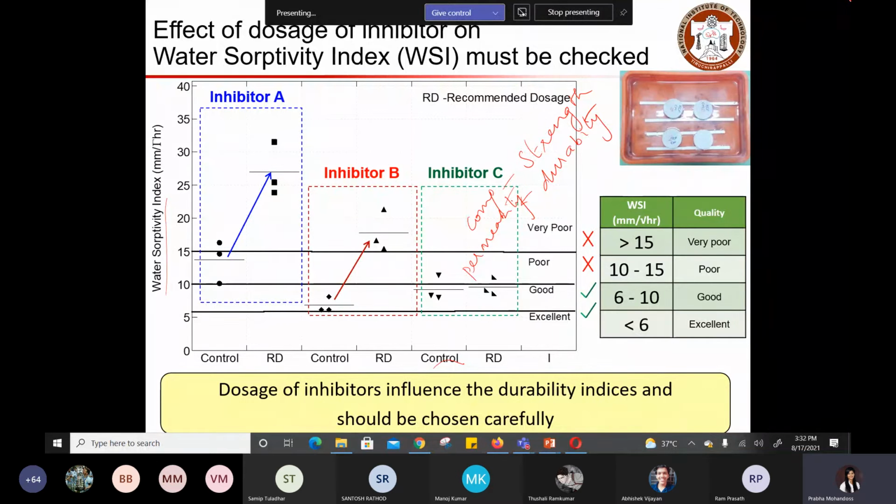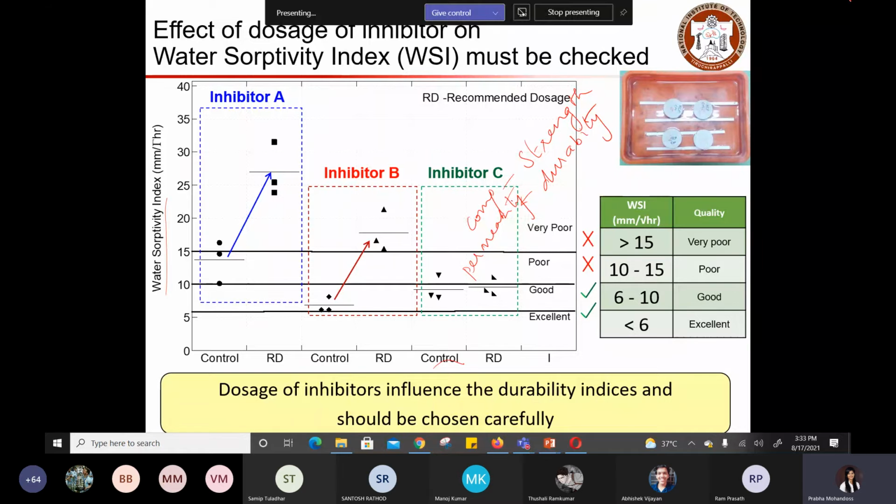But here the code has specified different limits for having a durable structure. For getting durable concrete, the water sorptivity index should be low. You can see the range of water sorptivity, just to understand the quality of concrete that you are going to use. The concrete quality has to be excellent or good for meeting the durability requirement. For that, the water sorptivity index has to be less than 10 or less than 5 to have a good or excellent concrete system.